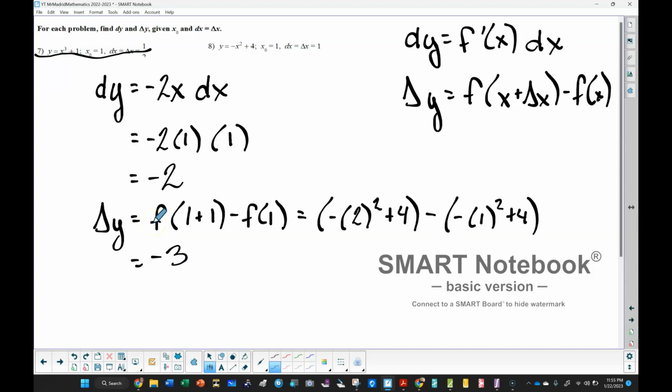As you reflect on the objectives for this section, it has everything to do, or in large part, with comparing the value of the differential of y with the change of y.